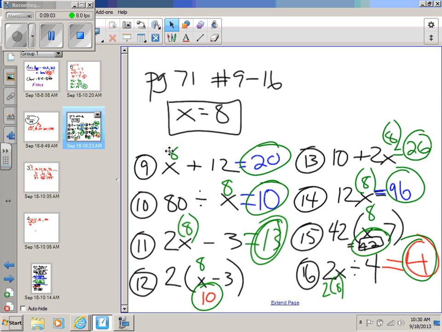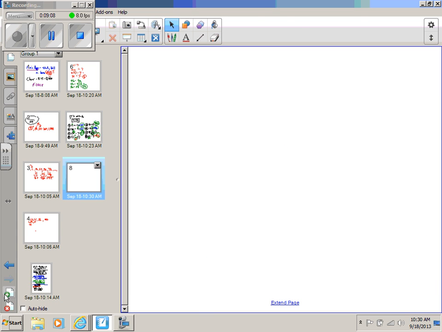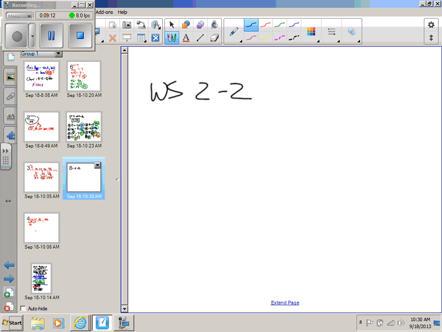Take out your worksheet, 2-2. Starting with number 4, evaluate each expression. They're all different.